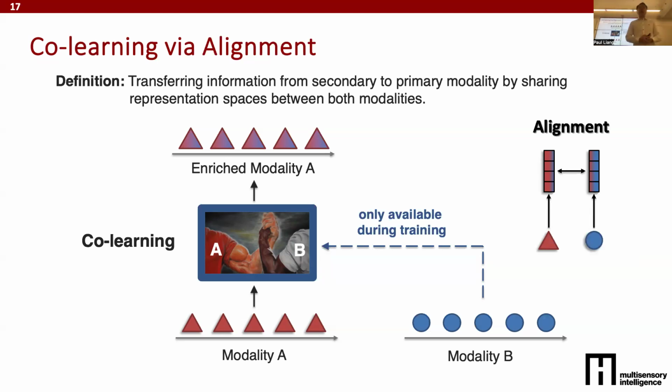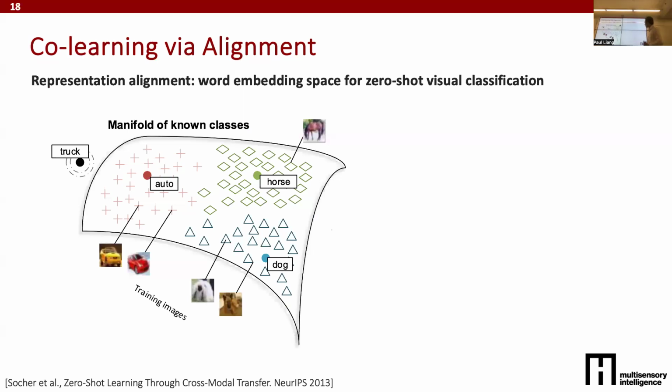Some very early evidence, again, is a very seminal paper from 2013, zero-shot learning through cross-modal transfer. In this case, it was an early version of CLIP, right? You had lower resolution images from CIFAR-10, some car, some dog, and you have word embeddings, word2vec word embeddings.